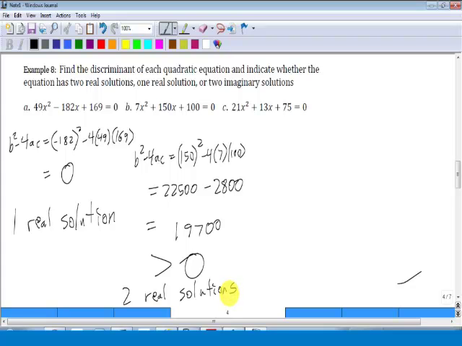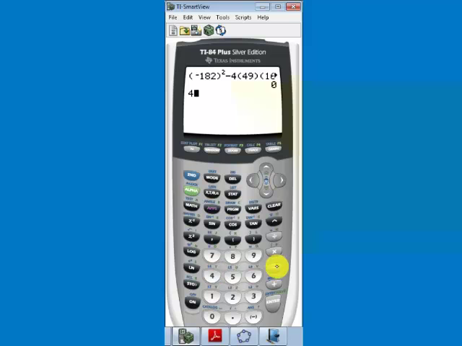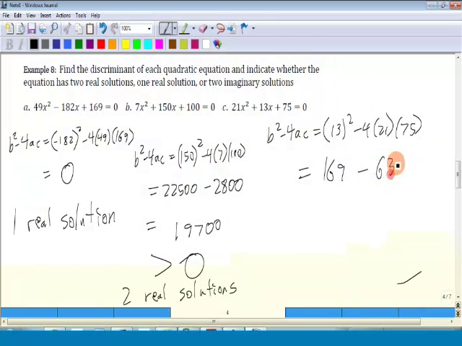And the C part, 21x squared plus 13x plus 75 equals 0. B squared minus 4ac equals 13 squared minus 4 times 21 times 75. 169 minus 4 times 21 times 75, which is 6,300.